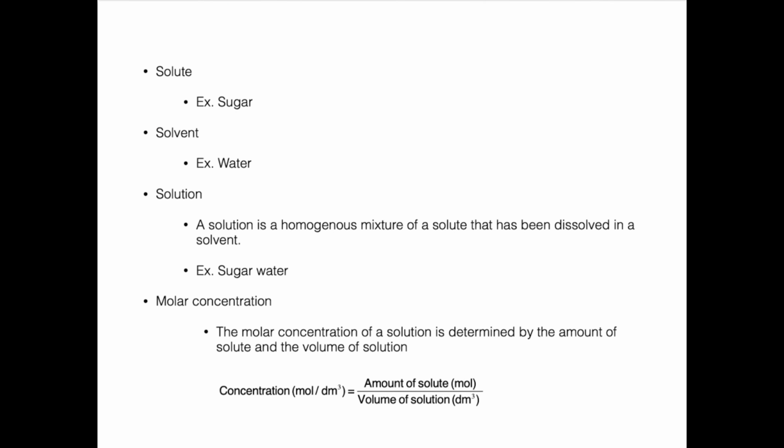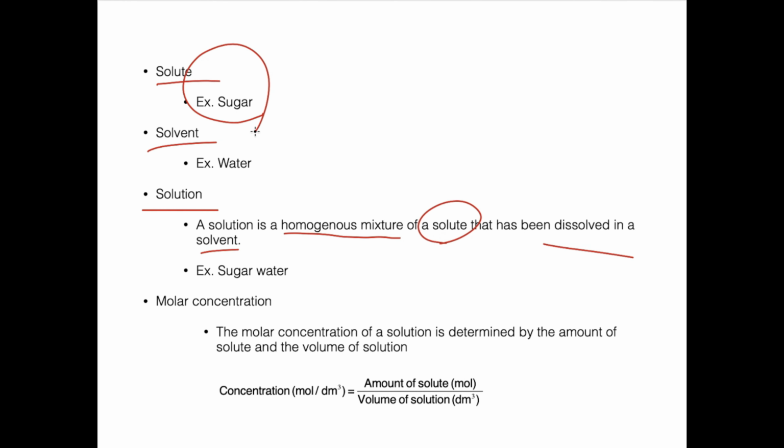Now we're going to learn a new concept. Do you know the relationship between the terms solute, solvent, and solution? First, a solution is a homogeneous mixture, meaning that all the substances are in the same phase, of a solute that has been dissolved in a solvent. An example would be sugar water or salt water. In this case, the solute will be sugar and the solvent will be water, and this will make up the solution.